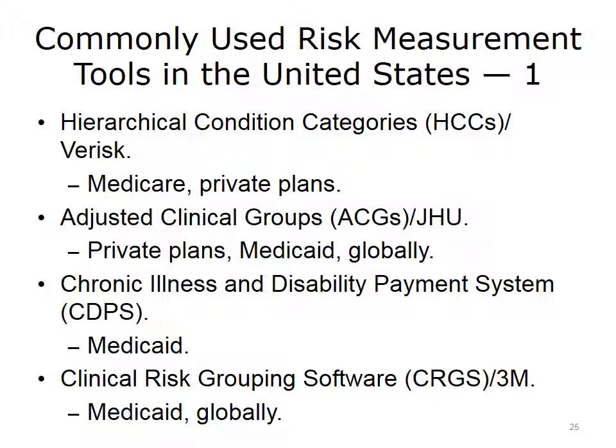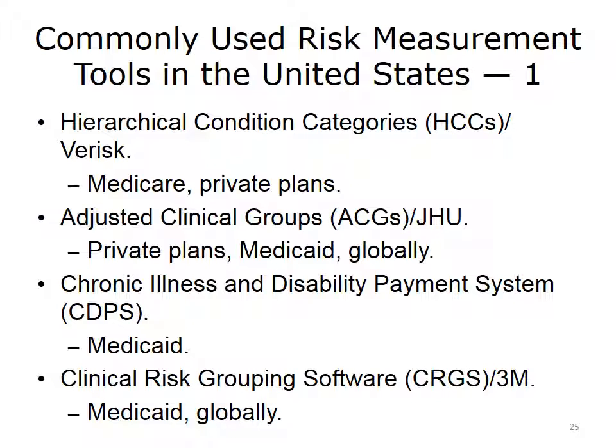Another widely used methodology, developed at the Johns Hopkins University, is officially called Adjusted Clinical Groups, or ACGs. They were originally called Ambulatory Care Groups because they were meant as an adjunct to the Inpatient Diagnosis Related Group, or DRG system. These are widely used by many Medicaid programs and for financial application. They are used by many private health plans and in government agencies for care management.